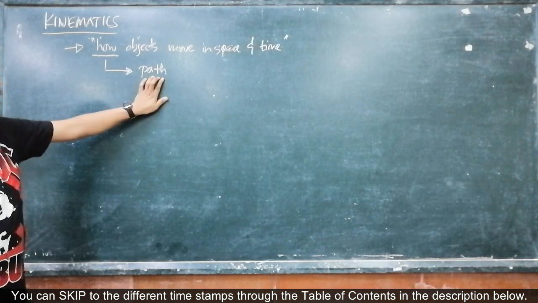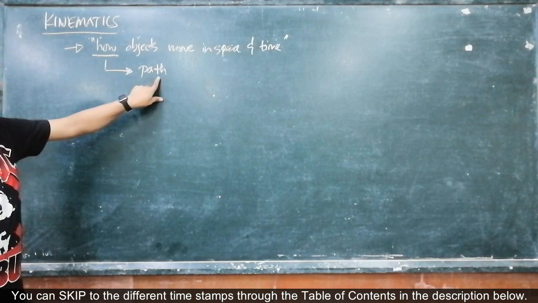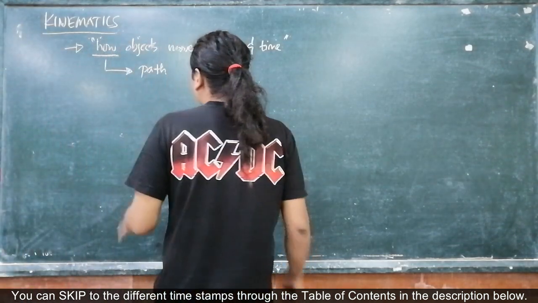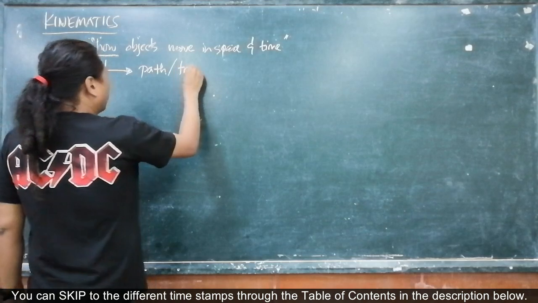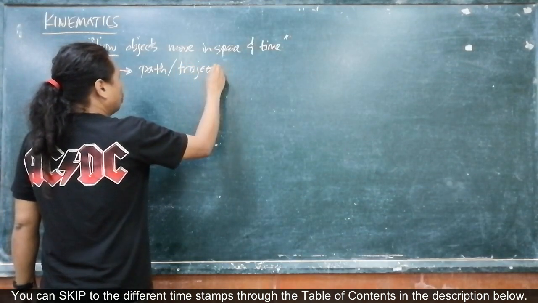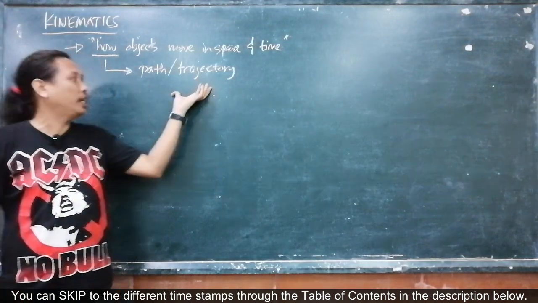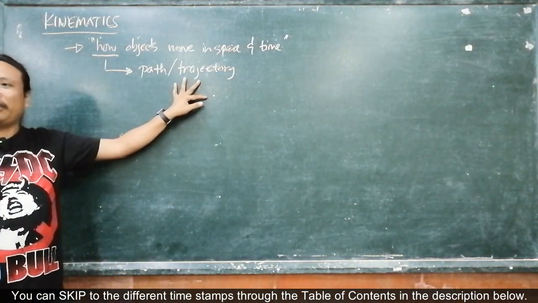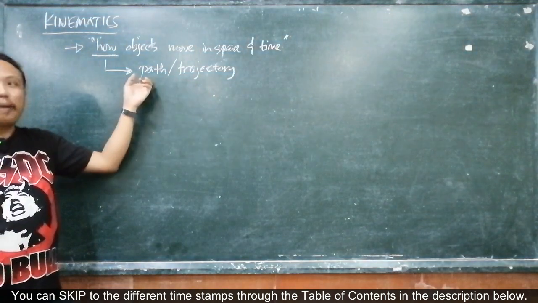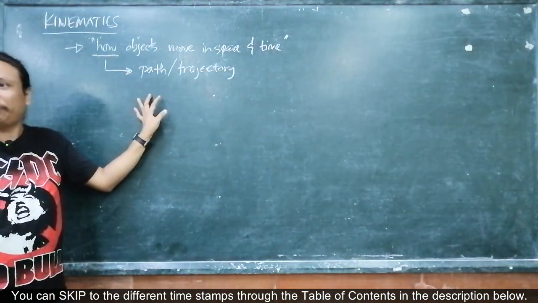This path is a curve in what we call space-time. So the path, or in general, we call this the trajectory. Trajectory has a more profound meaning than the path. The path is just the curve.